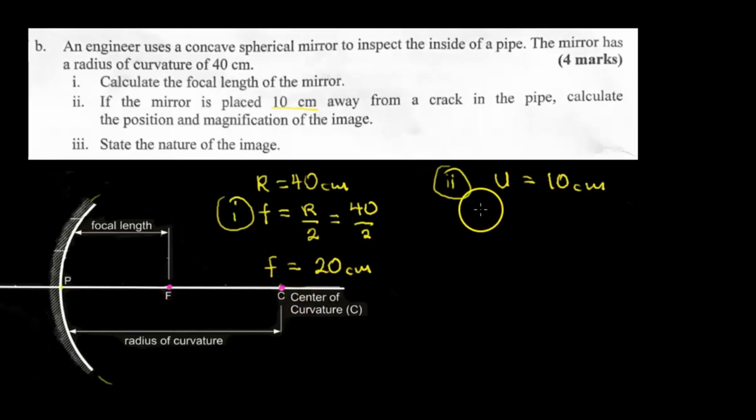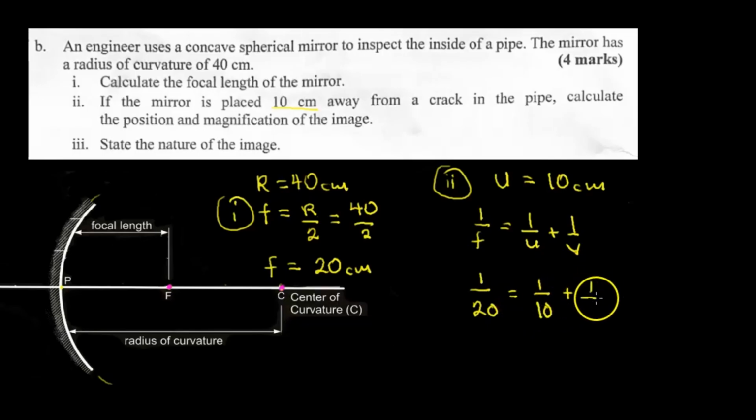So using the mirror formula, 1 over f equals 1 over u plus 1 over v, I'm just going to substitute my values straightforward. So I have 1 over 20 equal to 1 over 10 plus 1 over v.